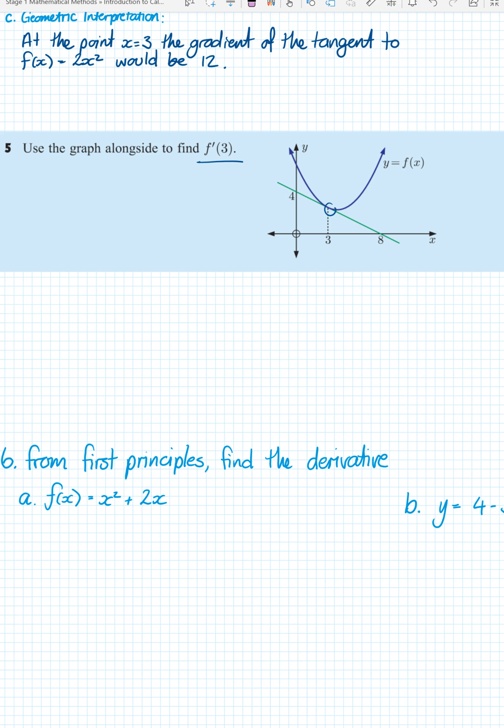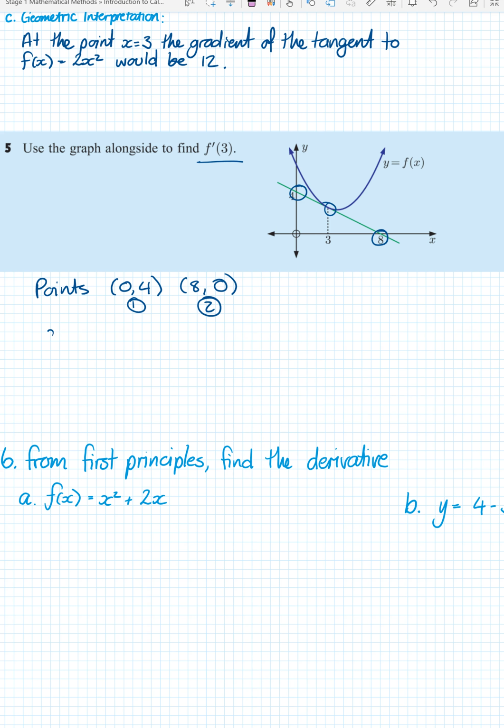3. So they've drawn that on here, and we have the tangent here that goes through the point here and here. So our points of our tangent are (0, 4) and (8, 0). So we'll call that point 2 and that point 1.